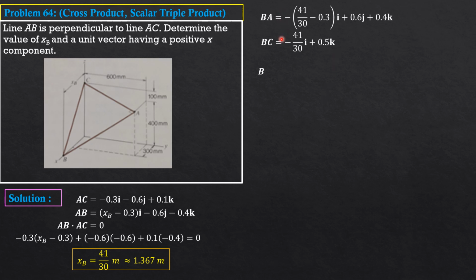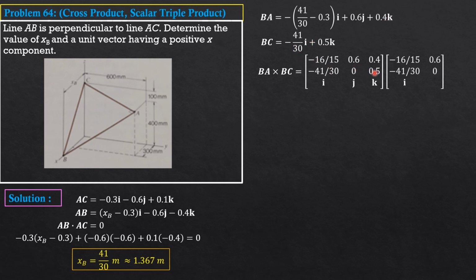So obtain the cross product components of BA, negative 16 over 15. So 41 over 30 minus 0.3 is 16 over 15, then negative, so negative 16 over 15, 0.6, 0.4, negative 41 over 30, 0, 0.5. Unit vectors, copy the elements of the first two columns.